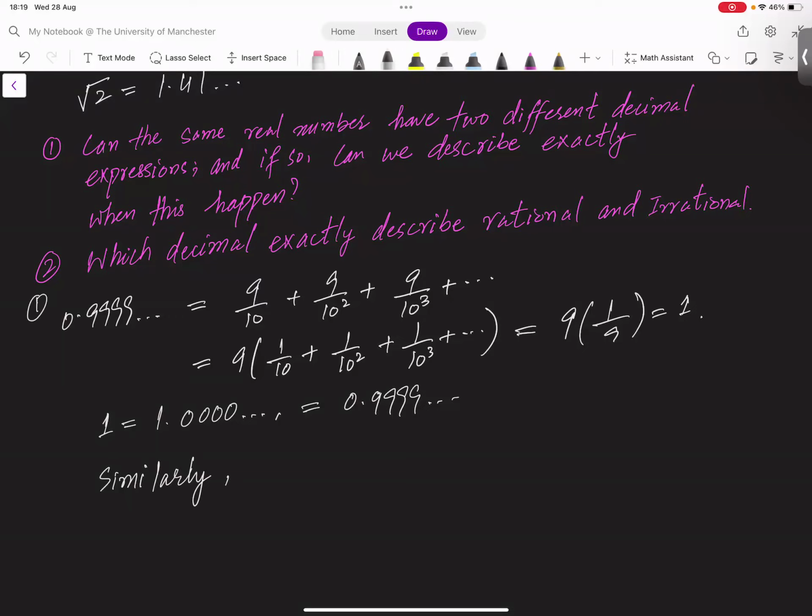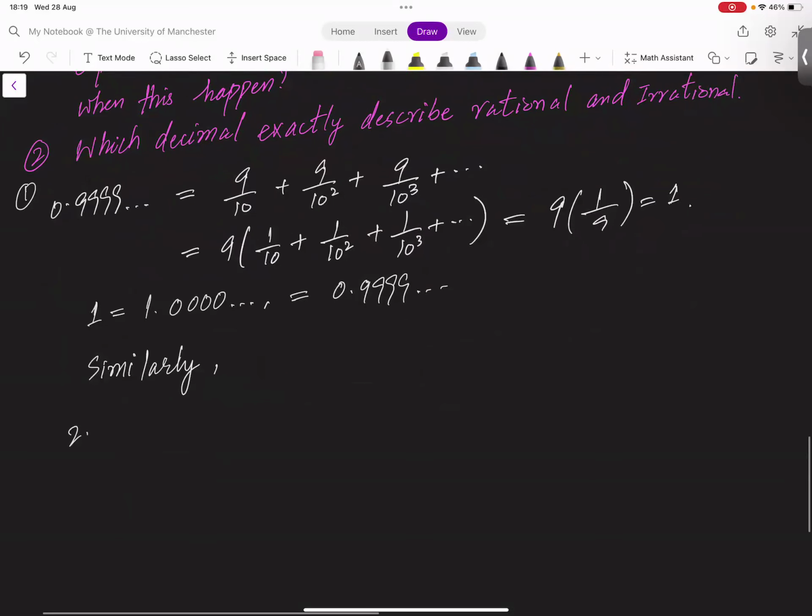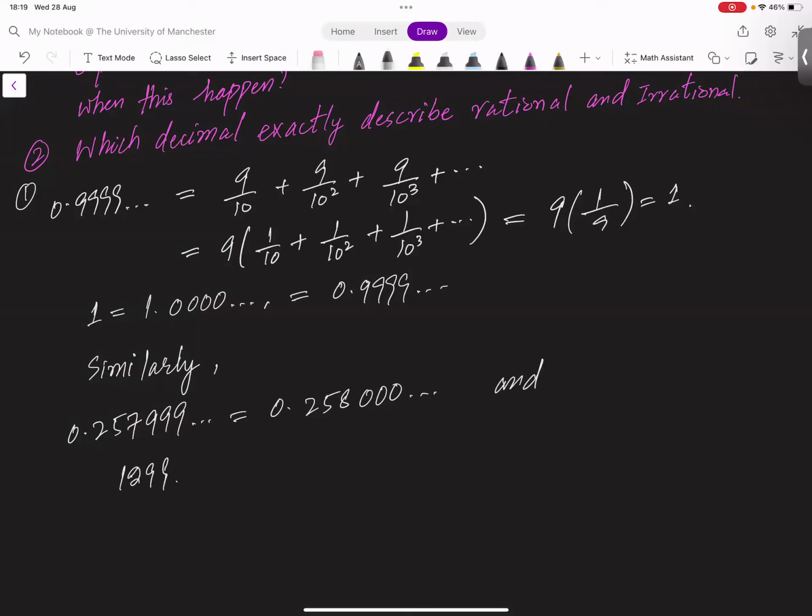Similarly, you can write 0.25799, and so on, is 0.258000, and so on, and 1299.9999, and so on, is also 1300.000, and so on.